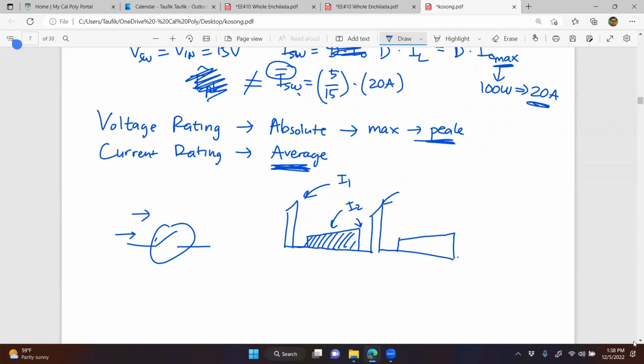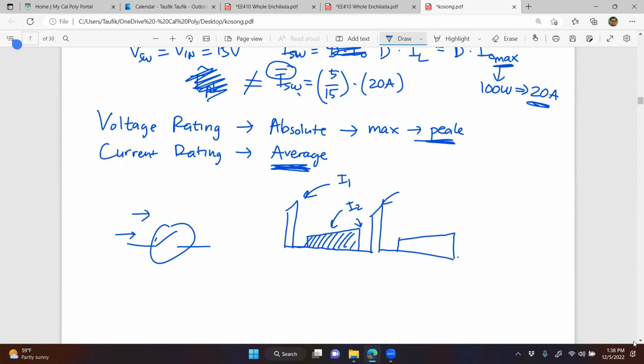Because as you can see from this example, a current can have a very high, very tall peak, but it's not going to give the device the increased temperature.